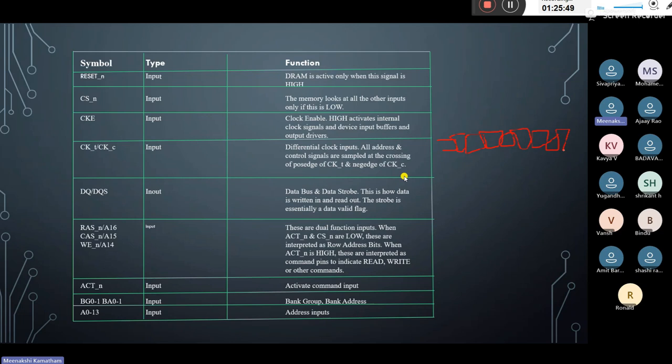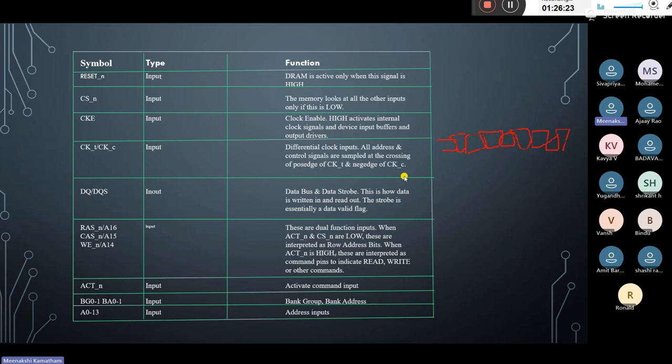And coming to the enable signals: RAS, CAS, write enable, A16, A15 or A14. Based on the command truth table, we need to select either address bits or these RAS, CAS, WE bits. It depends on ACT and the CSN. If our ACT signal and the CS are low, then these are interpreted as row address bits.